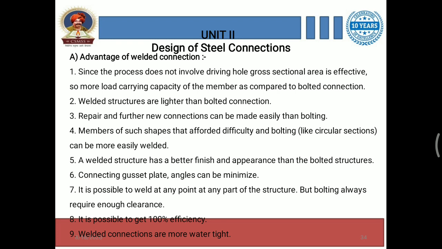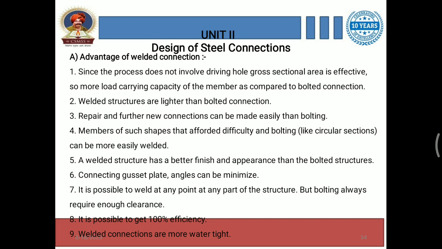It is possible to weld at any point, at any part of the structure. Welding is possible at every point or every part of the member, whether it is a smaller part or a larger part.